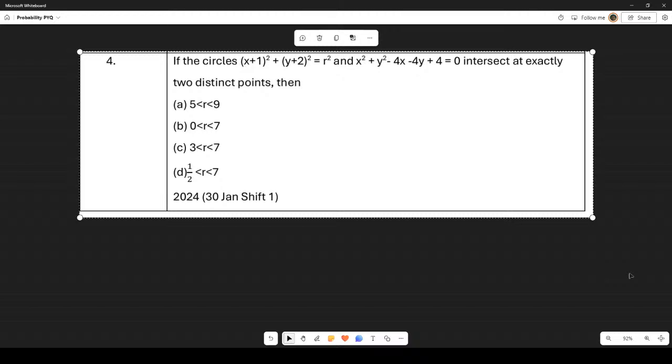What's the condition? Distance between centers will be greater than modulus of the difference of their radii, less than the sum of their radii. You know how to find the center and radius. Do finish it before I do it here.